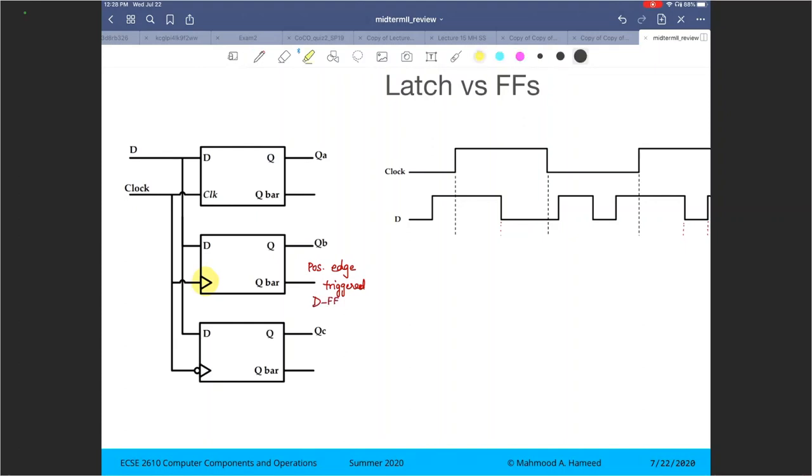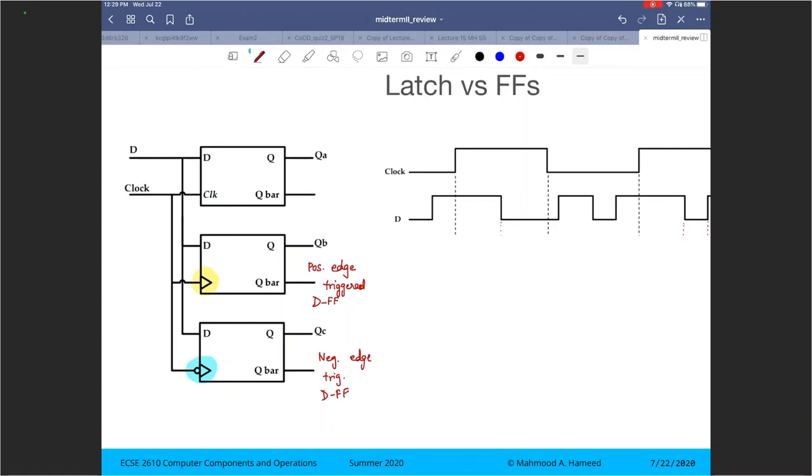Then you have a triangle with a bubble in front, which indicates that this is a negative edge triggered D flip-flop. And the topmost block does not have any triangle.